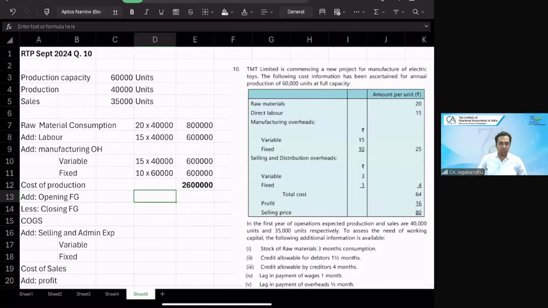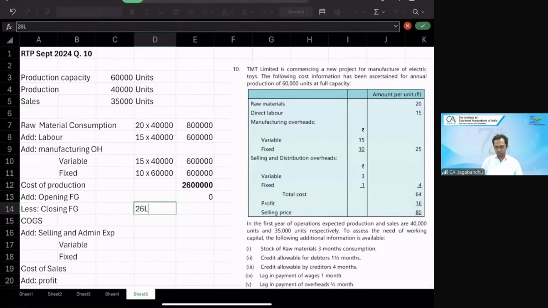Opening stock of finished goods will be obviously 0 since this is a new company. And closing stock of finished goods will be, so we created goods worth 26 lakh for 40,000 units, right?